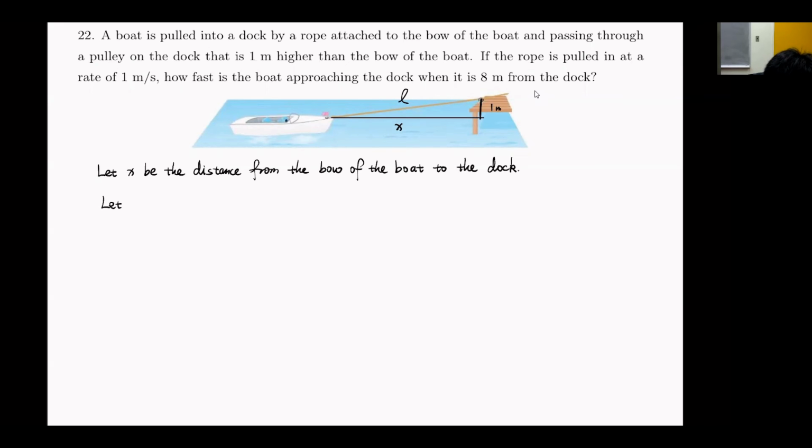And let L be the length of the rope between the pulley and the bow of the boat.